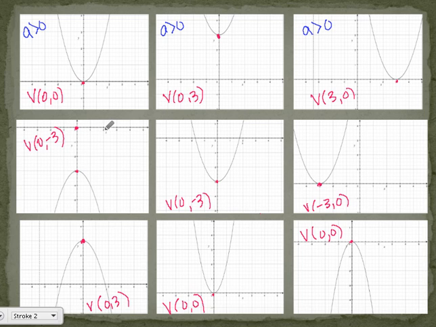That would mean that a is less than 0, or negative. a greater than 0, a greater than 0, a less than 0, parabola opens down. a greater than 0, a less than 0.